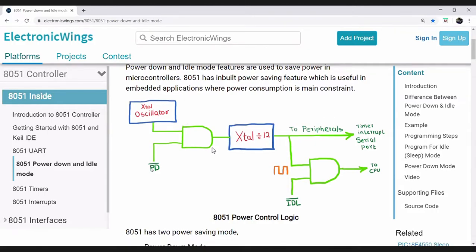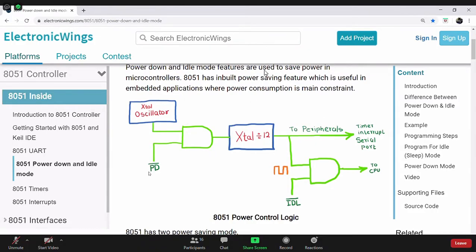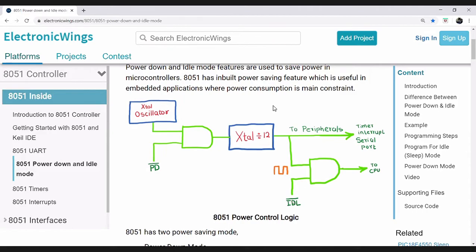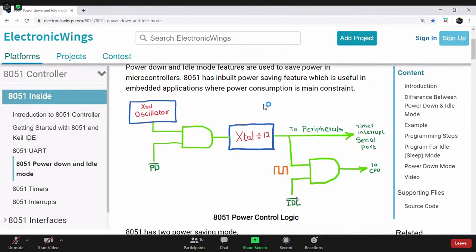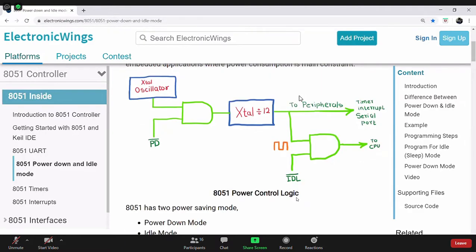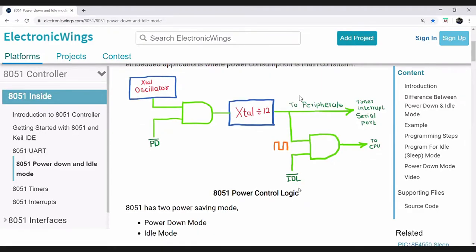But the peripherals will be getting the clock from the oscillator. At that time your PD is 0, so this will be 1, the complement will be 1, so the peripherals will be getting the clock. But here, IDL equal to 1 in idle mode, at that time the complement will be 0.